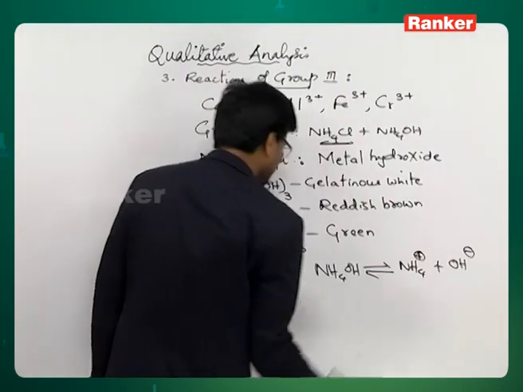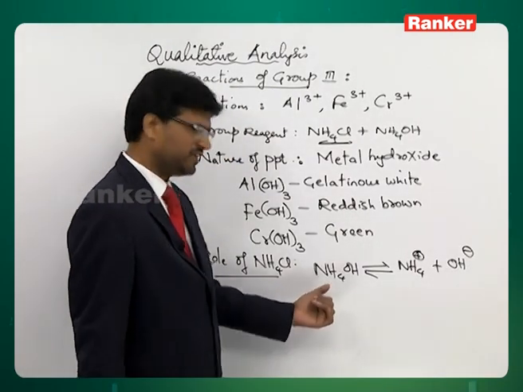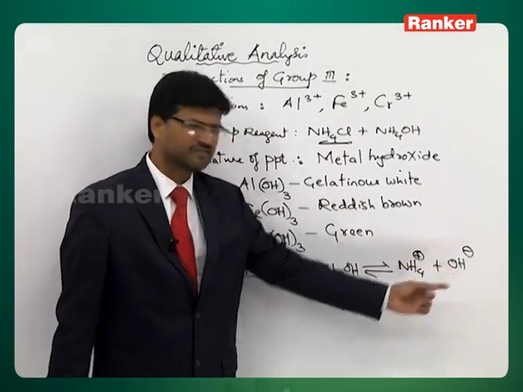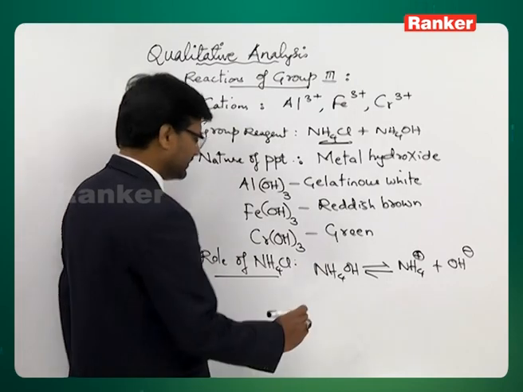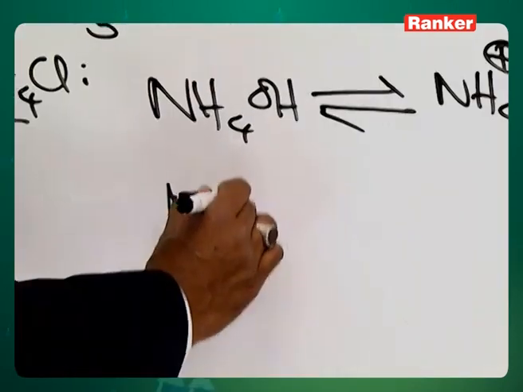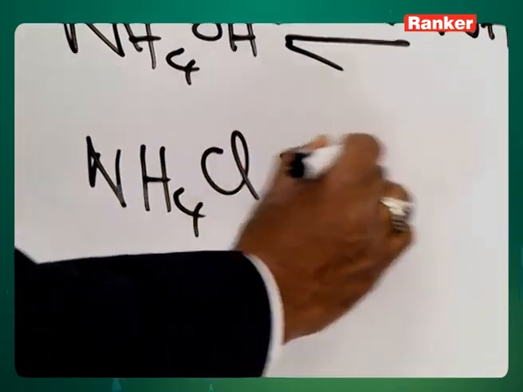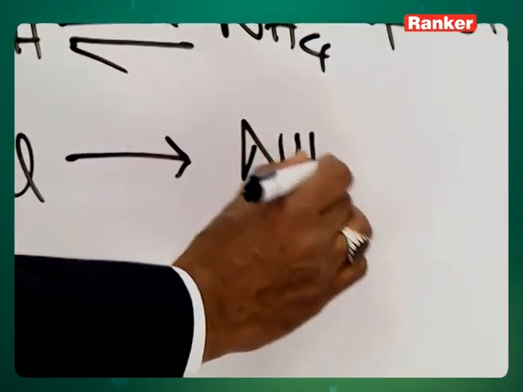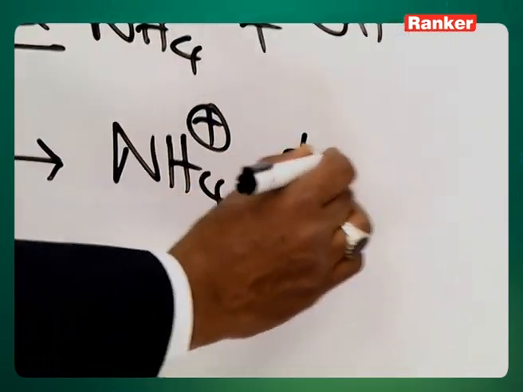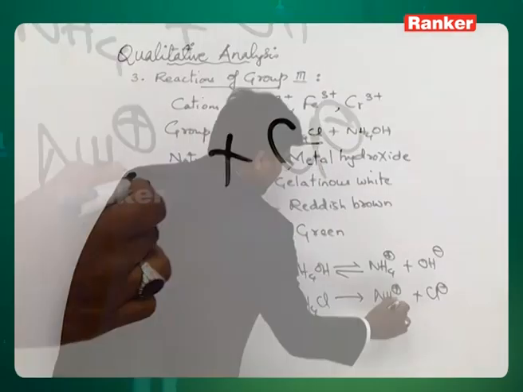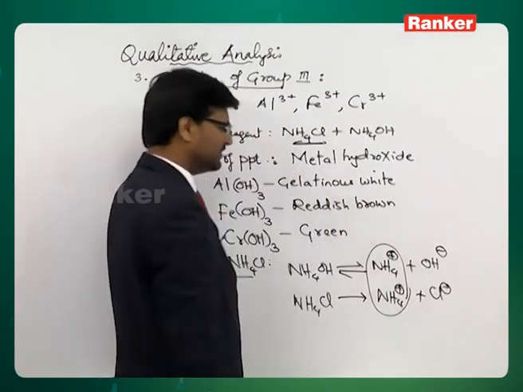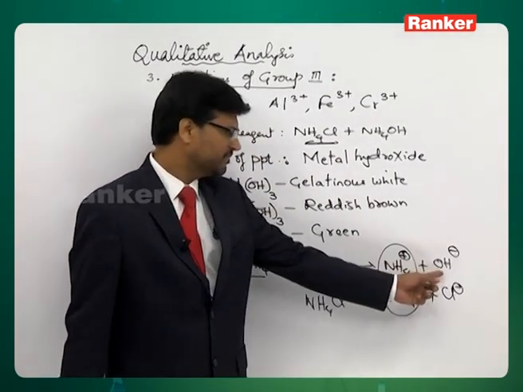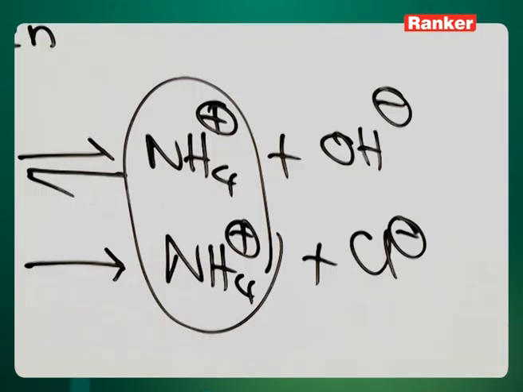This is a weak base, therefore a weak electrolyte, and it produces a low concentration of OH-. Now, in the same solution, ammonium chloride will dissociate completely into NH4+ and Cl-, and it exerts common ion effect that will further bring down the concentration of OH-.